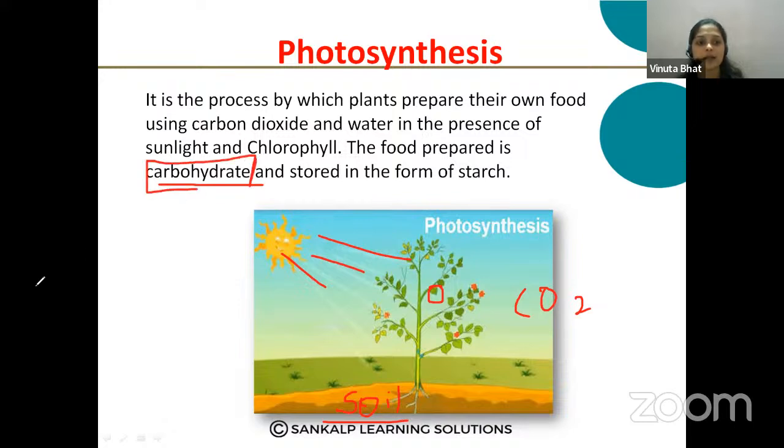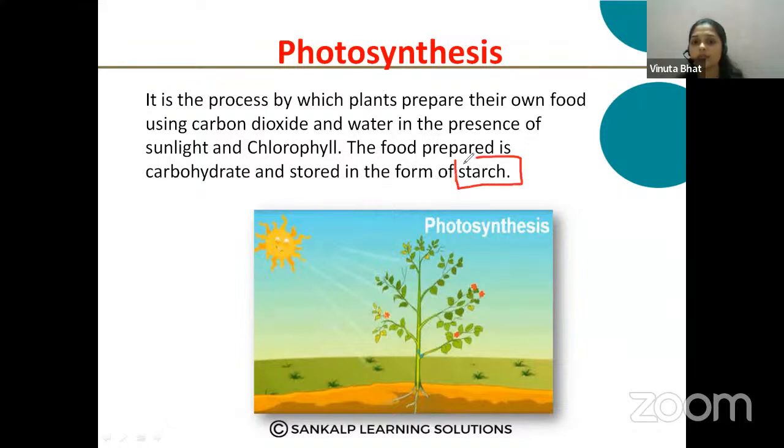In plants, if this carbohydrate is not utilized for their functions, it is stored. In which form is it stored? It is stored in the form of starch. In the case of the human body, the food material is absorbed by our body and stored in the form called glycogen.